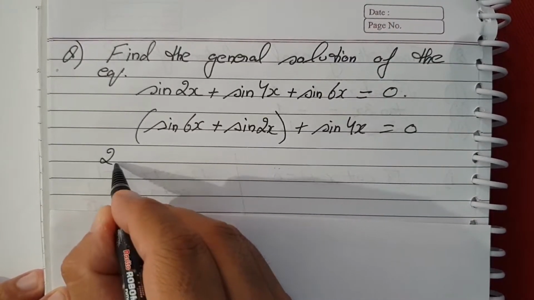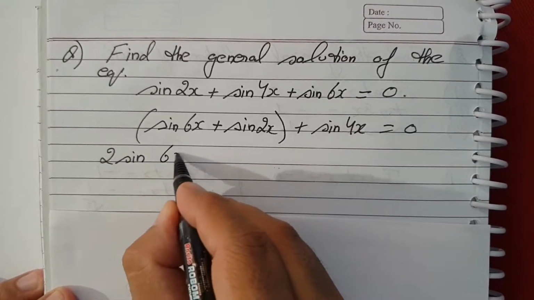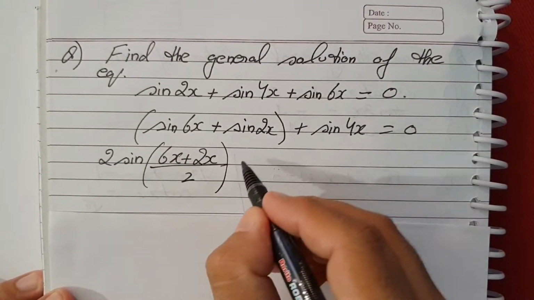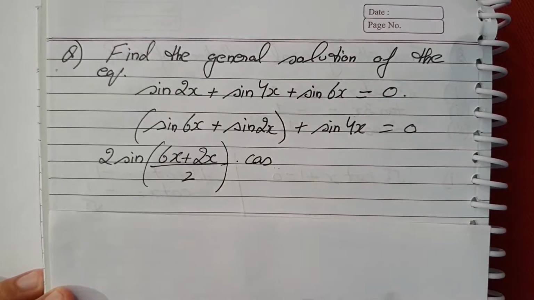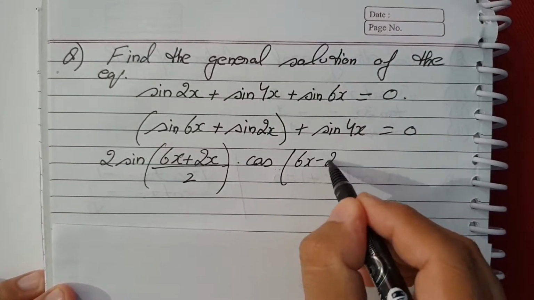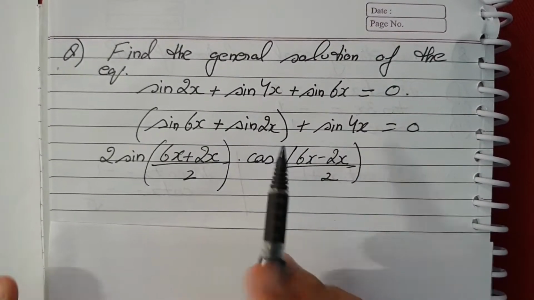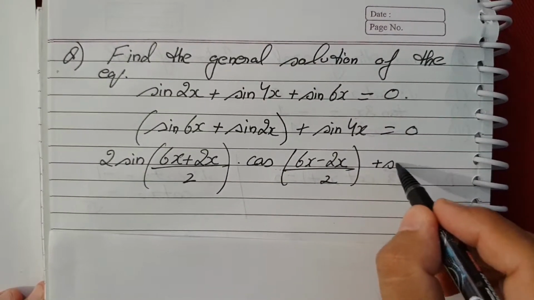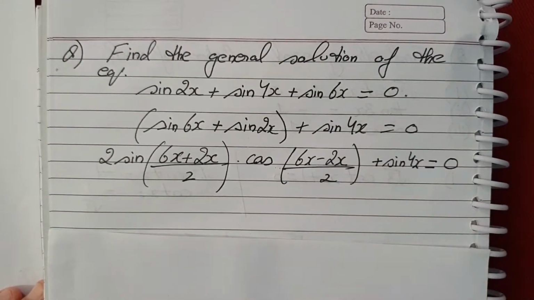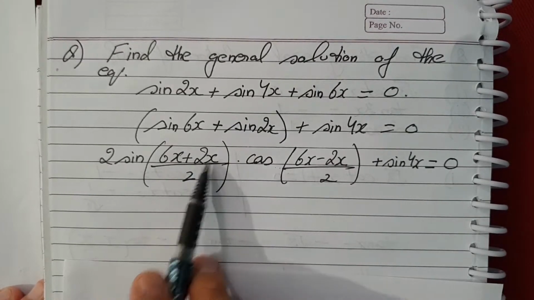So this is 2 sin (c plus d) by 2, that will be (6x plus 2x) by 2, into cos (c minus d) by 2, which is (6x minus 2x) by 2, considering this as c and this as d, plus sin 4x equals 0. Now 6x plus 2x is 8x, 8x by 2 is 4x.